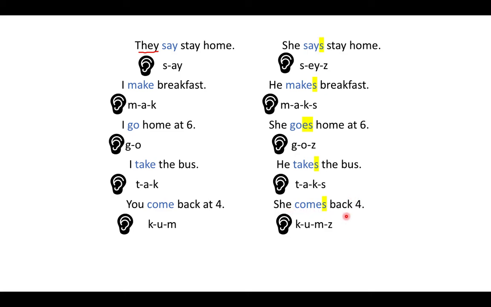But she comes back at 4. So this one is pronounced comes, and this word sounds like this one. All of these words next to the ears, that's just what they sound like, but this is how you spell them, and this is what they'll look like when you're reading.